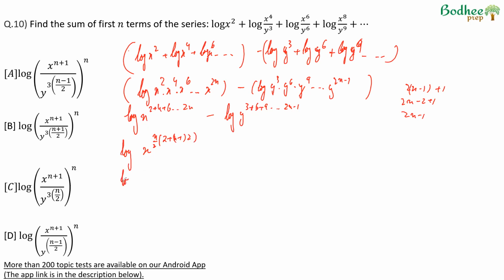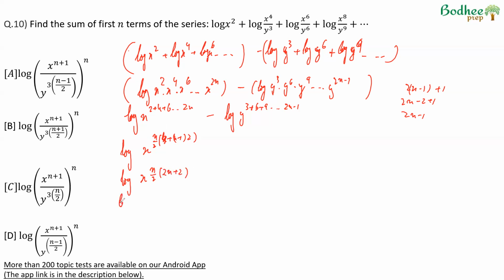So just working with this term for a bit, 2a was 4, and 4 plus n minus 1 into 2 will give us 4 plus 2n minus 2. So this becomes n by 2 into 2n plus 2.